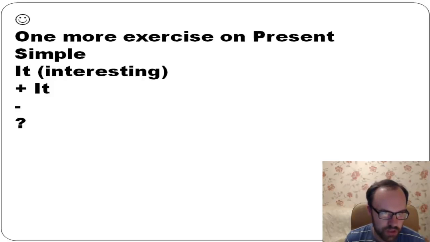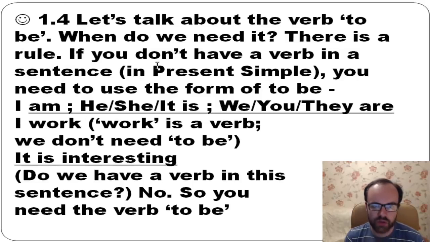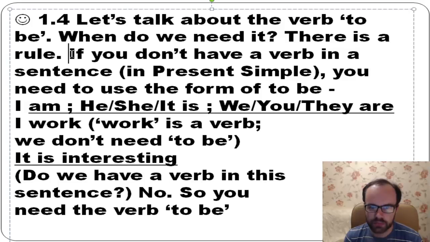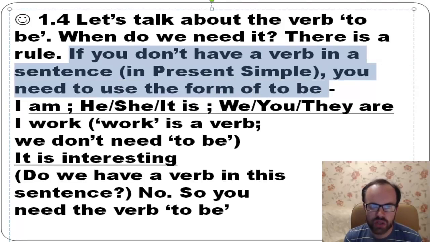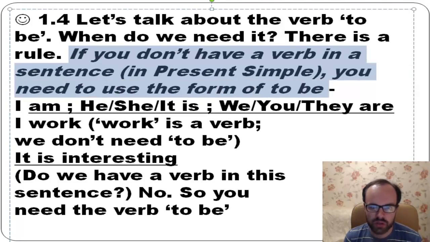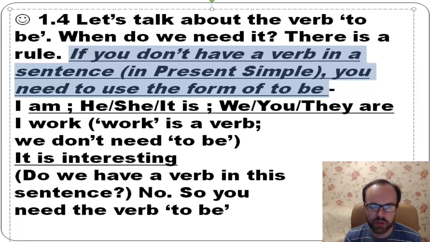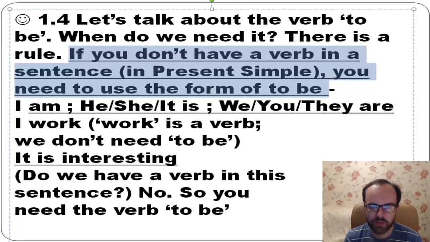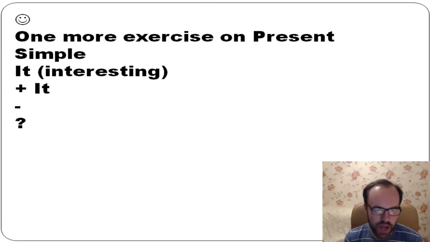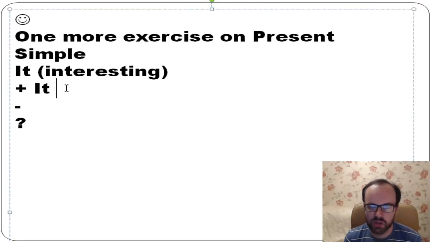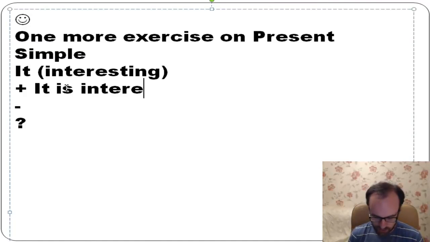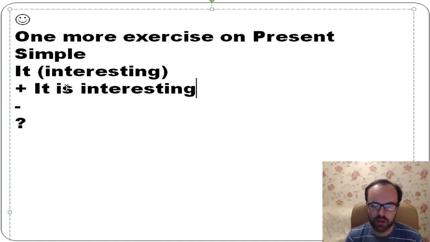Good. So if you don't have a verb in a sentence in present simple, you need to use the form of to be. So it is interesting.